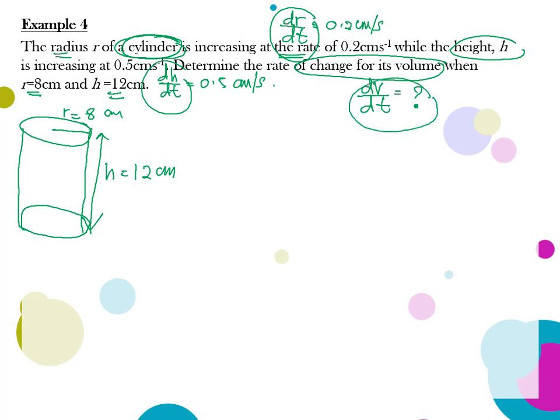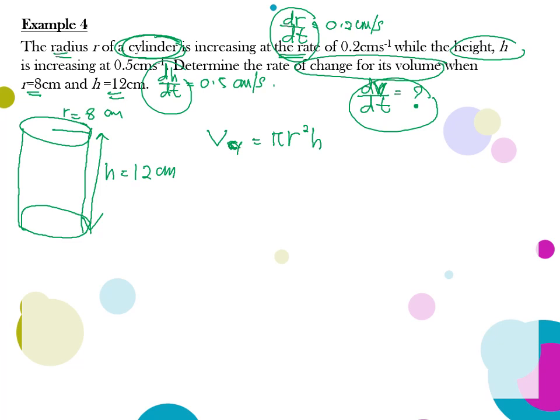Since it asks for a volume of a cylinder, come up with the formula of volume for a cylinder, which is pi r squared h. You can find this from your textbook if you couldn't remember this. This is a similar formula as in the differentiation that we performed in chapter 4.